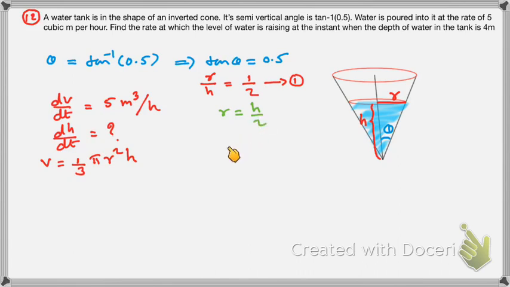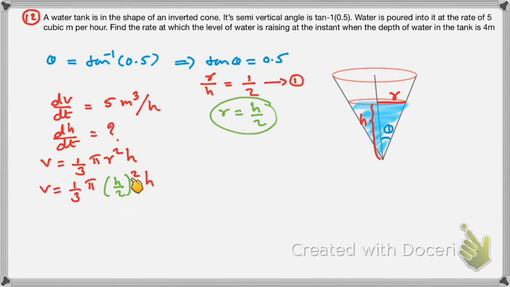So I can take this value of r, which is h by 2, and plug it in here. In place of r, I take this value h by 2 and sub it in here. So my V is going to be 1 by 3 pi, which stays there. In place of r, I put h by 2 the whole square into h. If I simplify, this is h square into h is going to be h cubed.